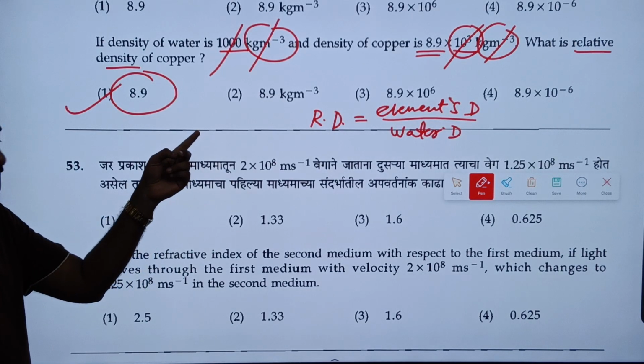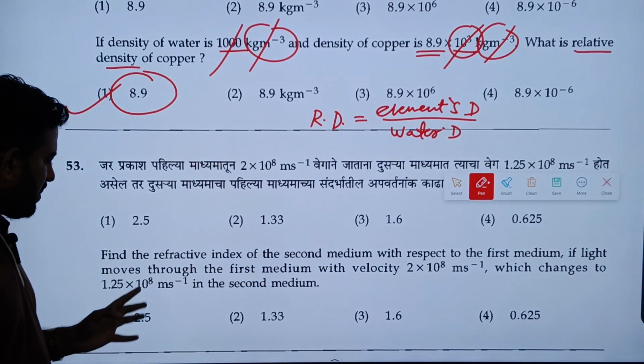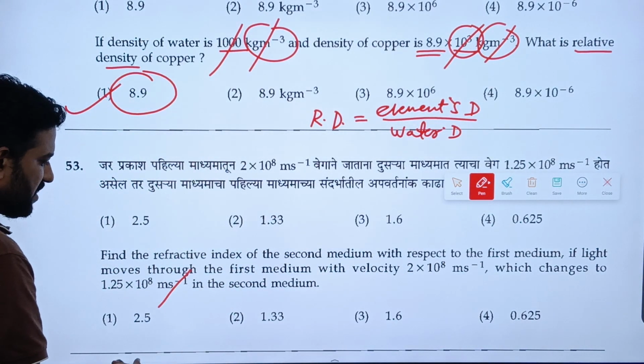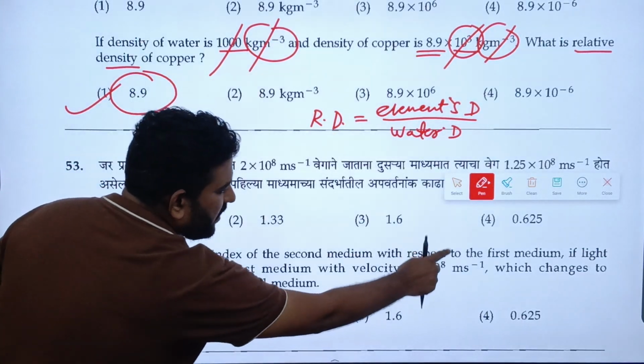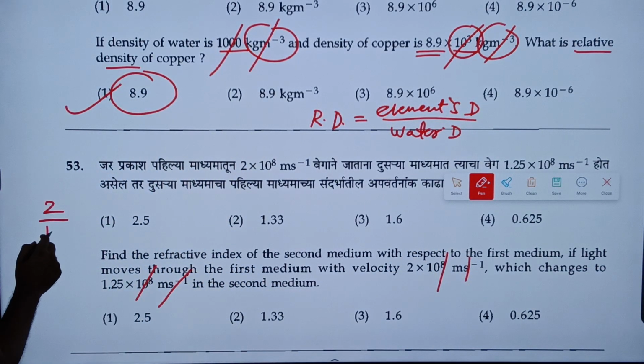Again, same concept. So you have to divide first part with second part, meter per second and 10 raised to 8 cancel. So you get 2 upon 1.25.